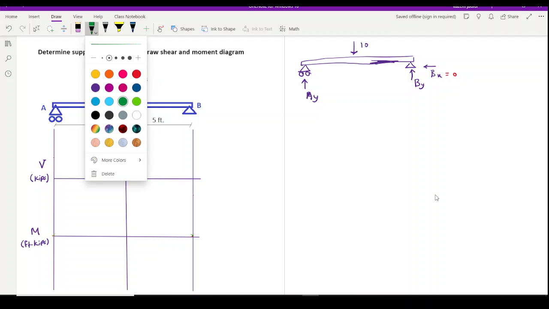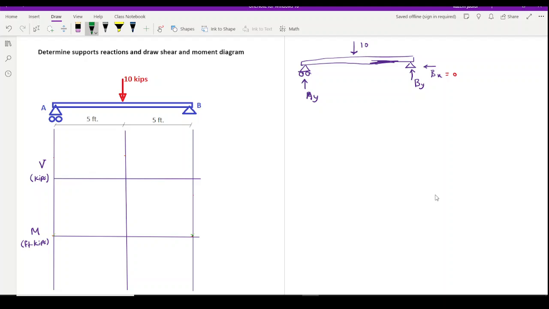But we have a 10 force perpendicular to this beam, and if you write sigma Fy is 0 and sigma M is 0, because this is simple, I'm not going to write it. I just directly write that Ay is equal to 5 and By is equal to 5, because 10 is in the middle and the force will be divided between these two supports.